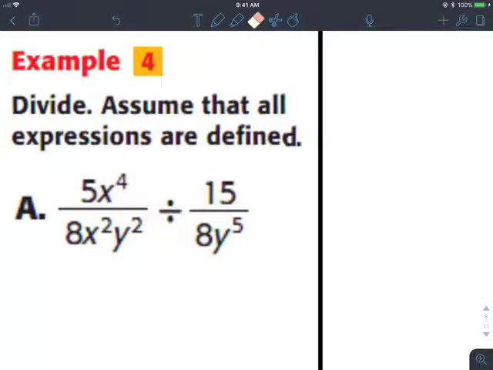Now you don't need me to guide you through this one. These are both fractions, right? How do you divide fractions? You multiply by the reciprocal, right? So that means I need to flip this and turn this into multiply. You already know how to multiply, right? So you can do this one. So give it a shot.